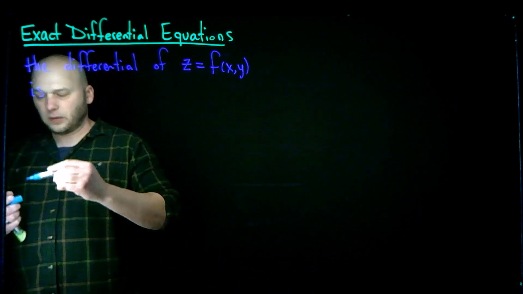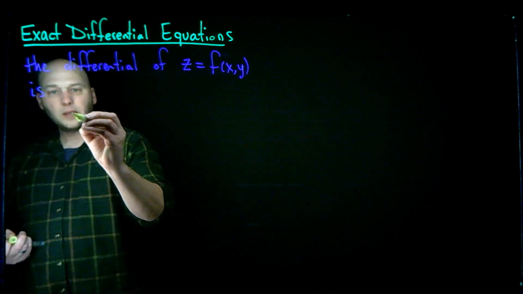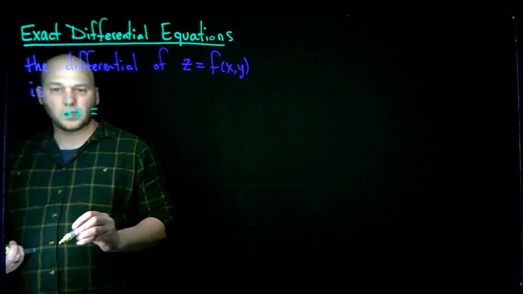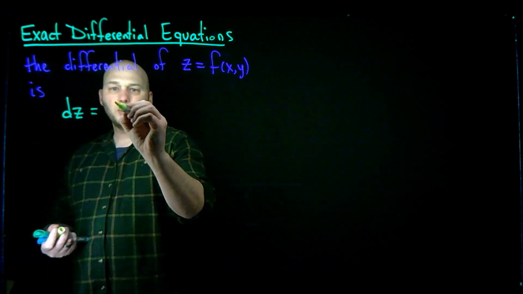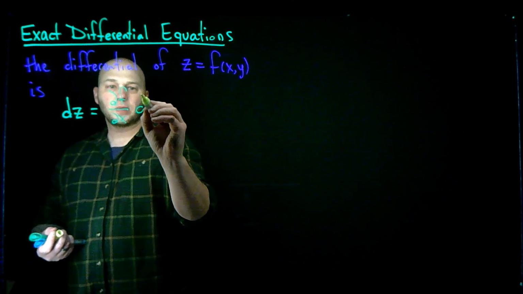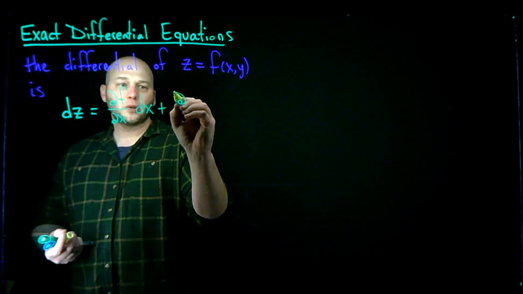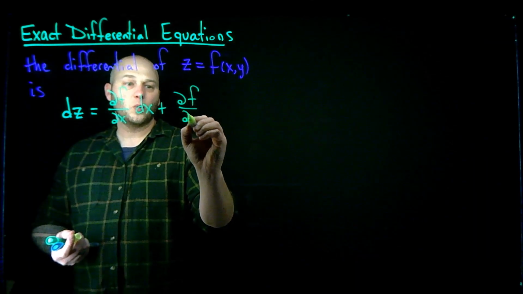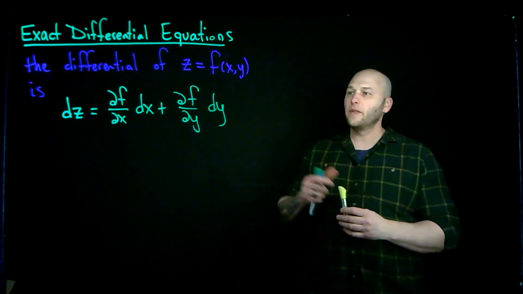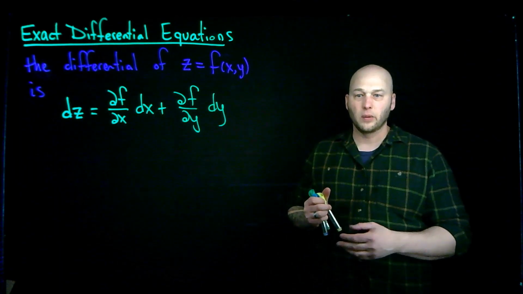So we write dz for the differential of the function z, which is given by the partial derivative of f with respect to x times dx plus the partial derivative of f with respect to y times dy. Again, this is the differential of a function of two variables.